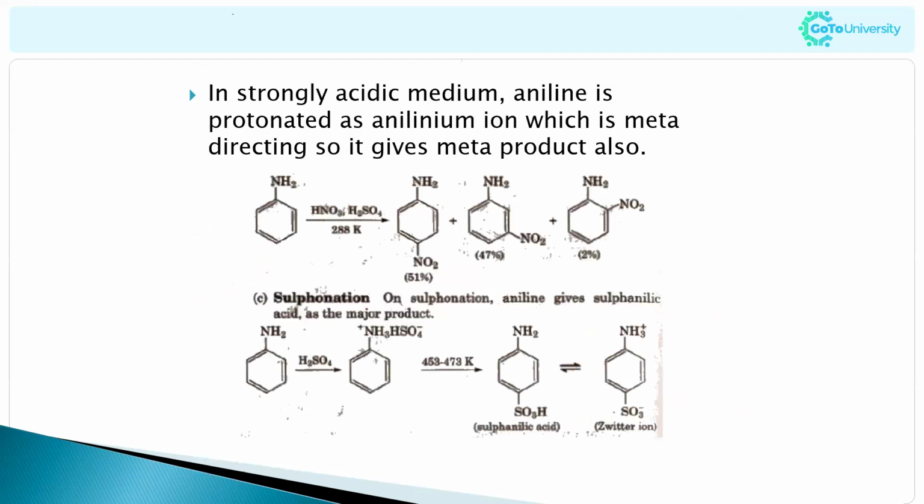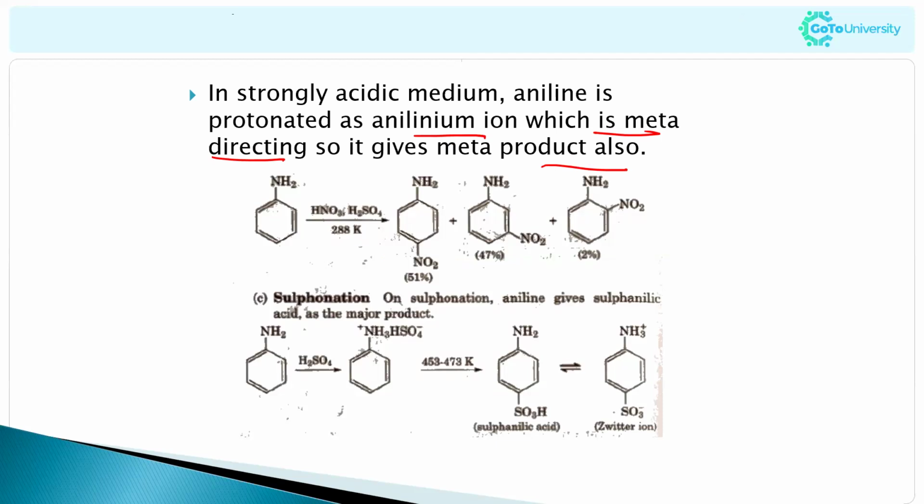Next one. See, in strongly acidic medium, aniline is protonated as anilinium ion, which is meta-directing. So it gives meta products also. In the previous reactions, we could see that they are producing the ortho and para substituted products, right?